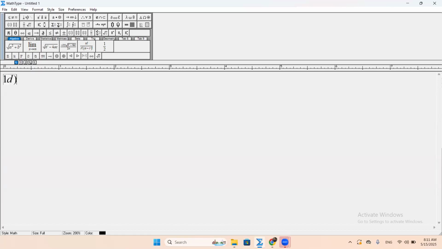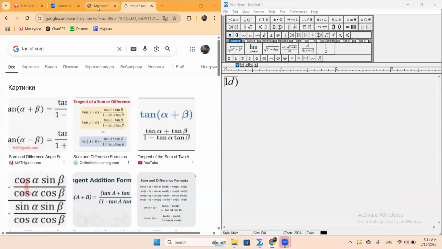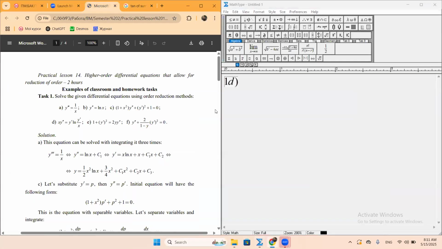So 1D. We have the same type of differential equation: x y double prime equals y prime logarithm of y prime over x.